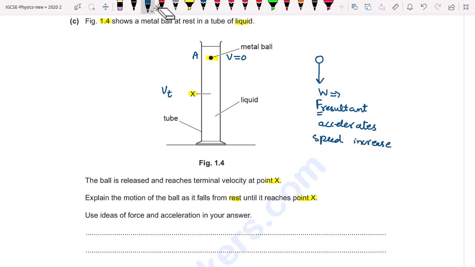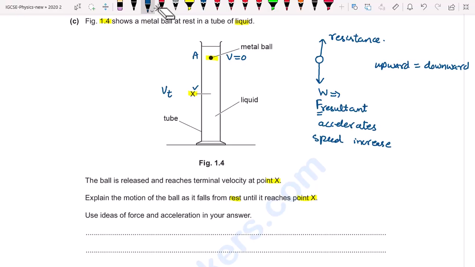With the increase in speed, there must be an opposite force acting in the upward direction, and it is the resistance force. With the increase in speed, the magnitude of the resistance force goes on increasing, and when the ball reaches point x, the upward force must become equal to the downward force.